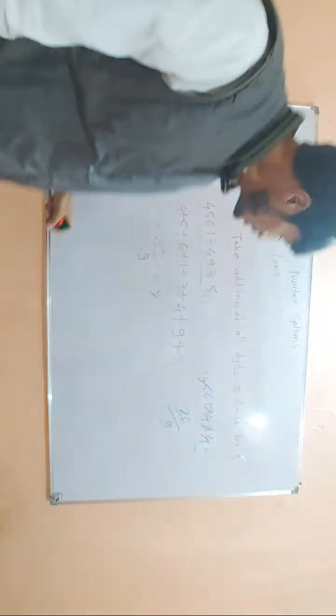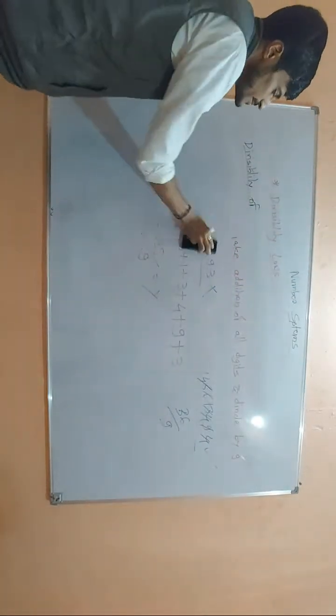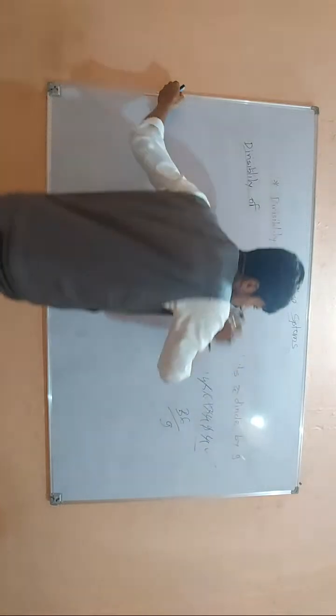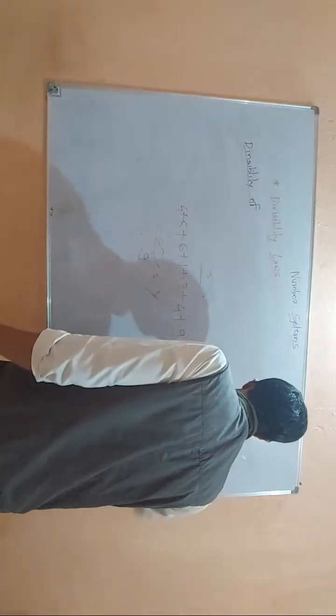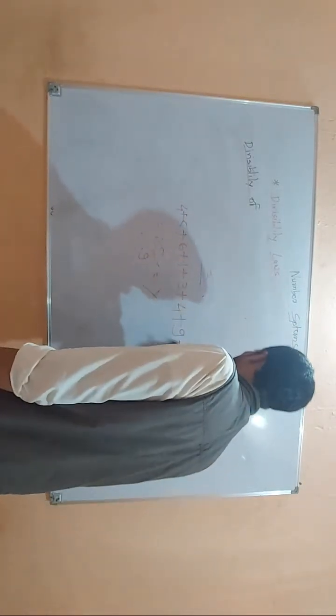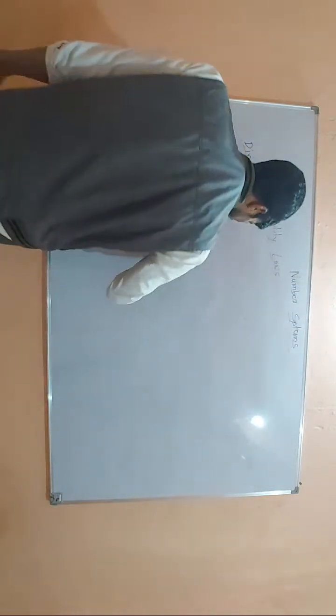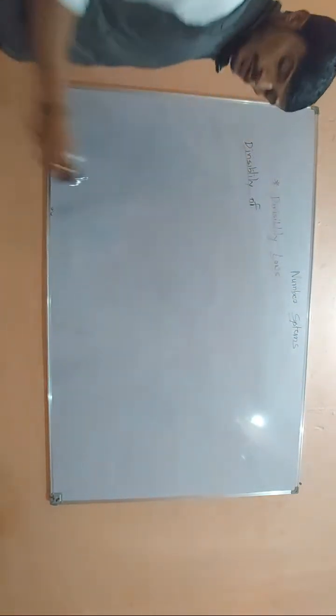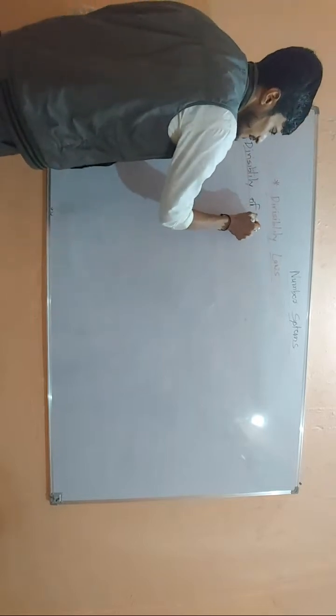Simple. Then next one, divisibility of 10. In the case of divisibility of 10, what do we have to check? Only the unit place.